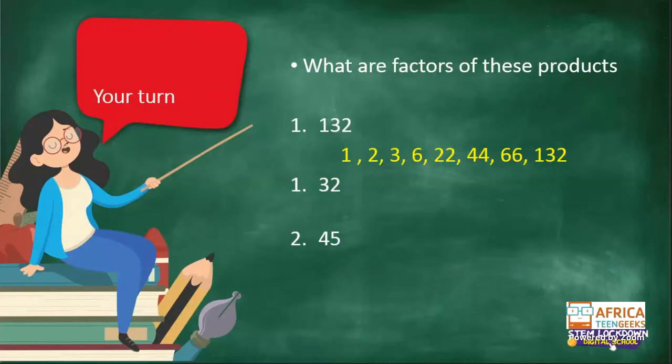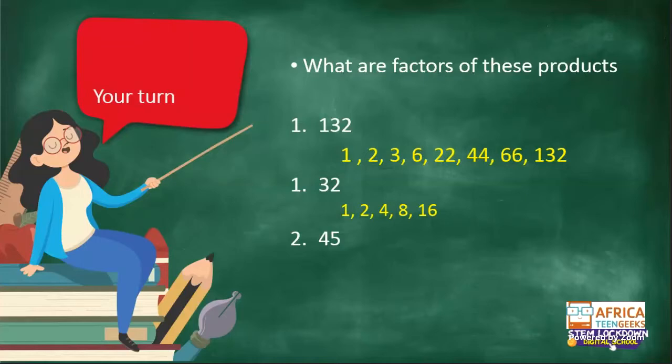JD moves to number 2. He says 1, 2, 4, 8, 9, 32. So I'm assuming these are the factors for 32. We said to check our factors, we do the inverse operation.